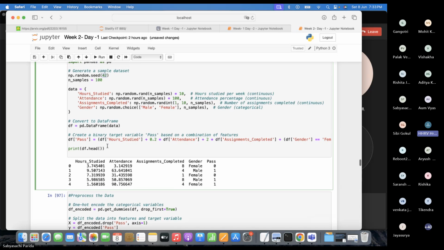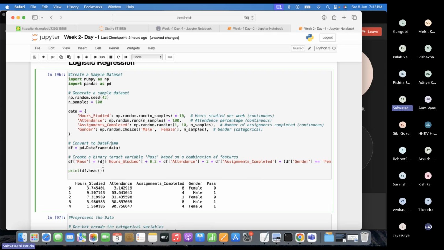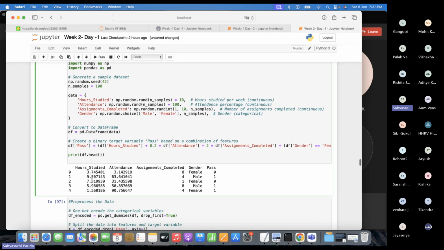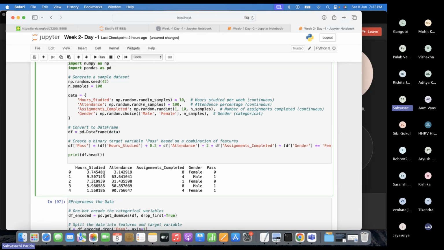Means you're saying that you need to get that many items, like 42. No, see the hours studied, right? Here 3.74 is coming, 9.5 is coming, right? So every time I do that, it needs to follow in such a way that 3.74, 3.14, all these combinations are followed every time.